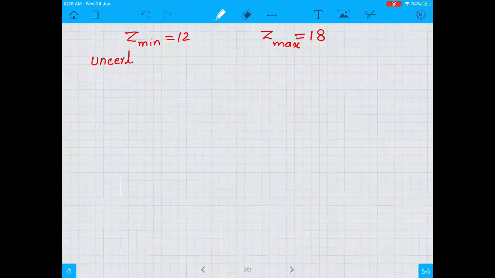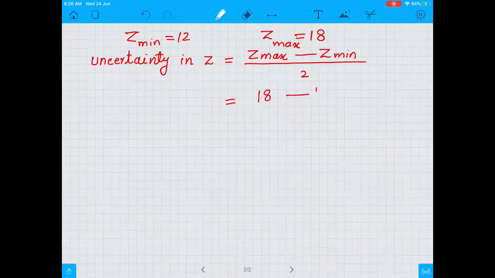Uncertainty in z would be equal to the maximum value of z minus the minimum value of z whole over 2. So the uncertainty in z would be equal to 18 minus 12 whole over 2.